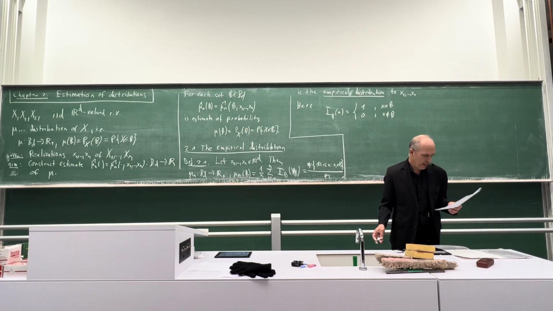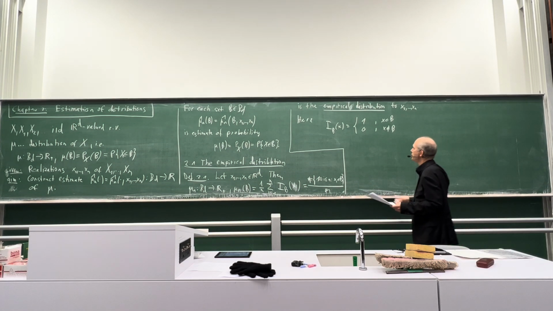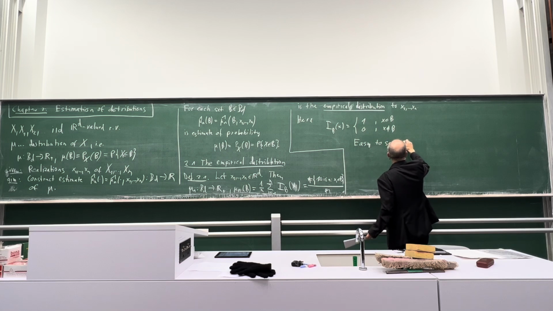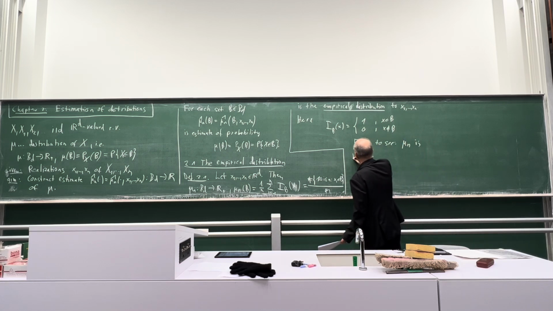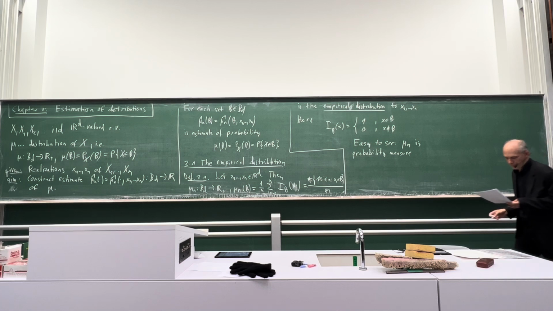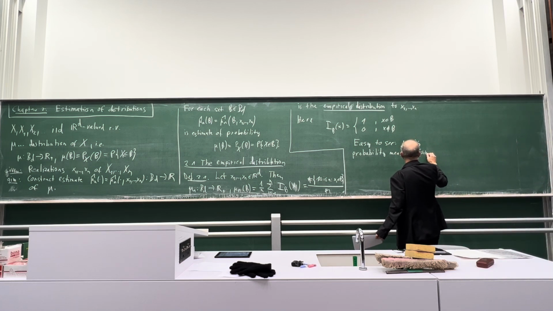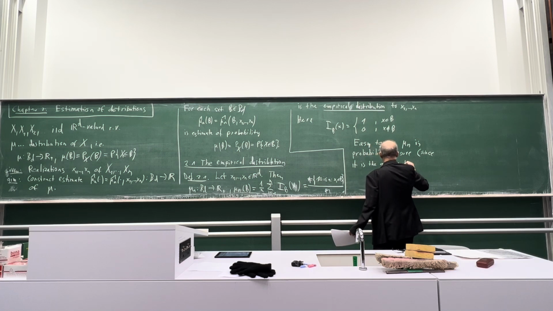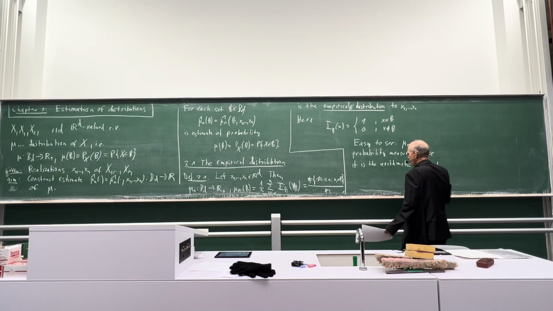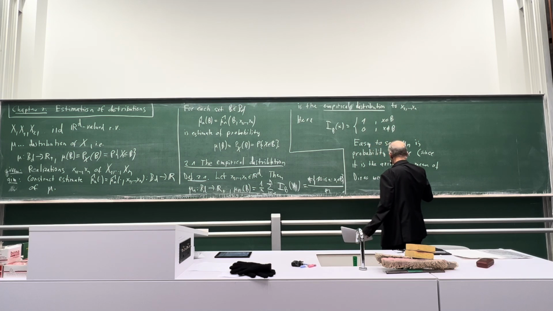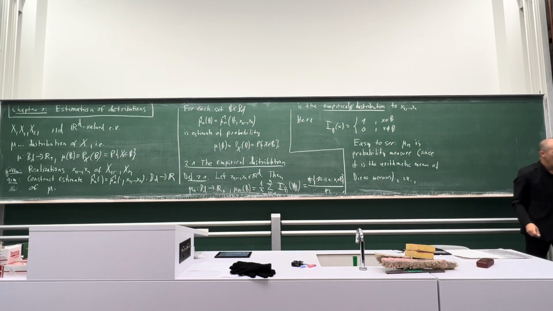Okay, then let me just write it. It's easy to see that mu n is a probability measure, since it's an average of Dirac measures, or since it's the arithmetic mean. And let me repeat it, I guess you all know it. What does it mean that it's a probability measure?